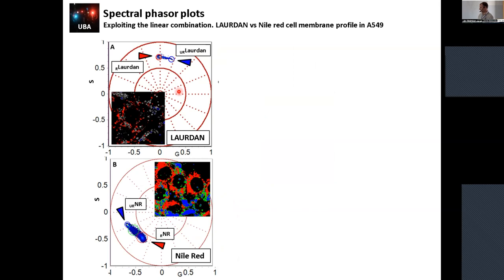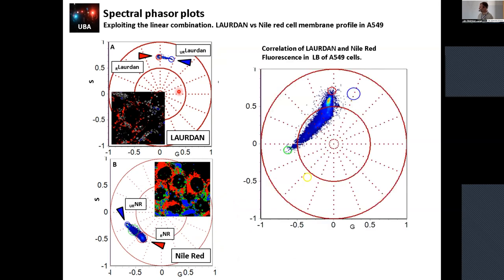If we do a co-staining of Laurdan and Nile Red, we get the linear combination of Laurdan under relaxation and Nile Red under relaxation, and Laurdan with no relaxation, and Nile Red with no relaxation.